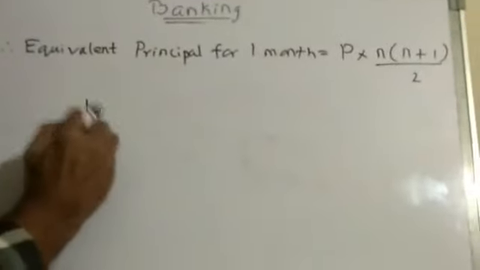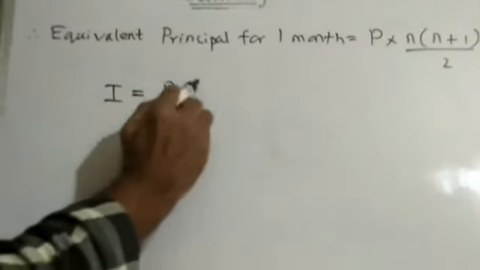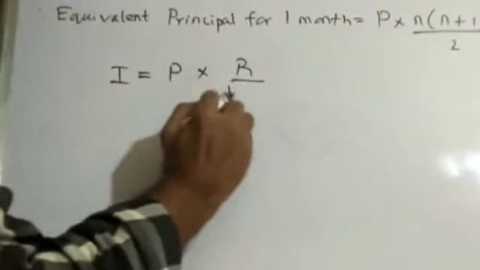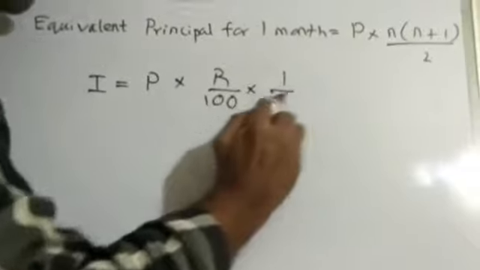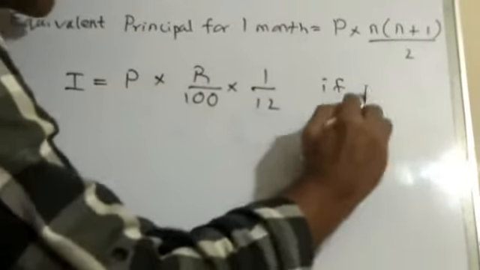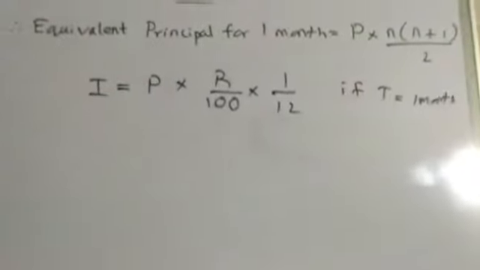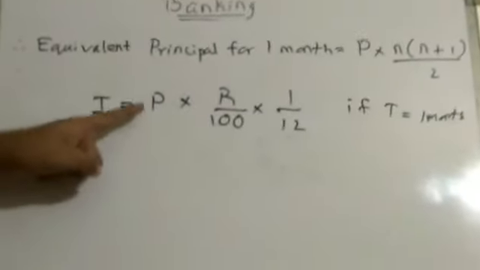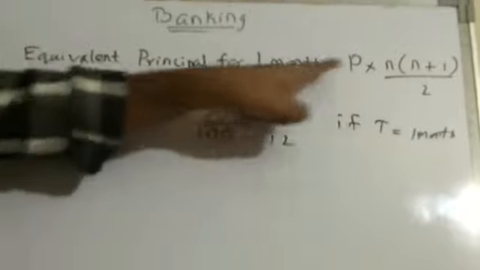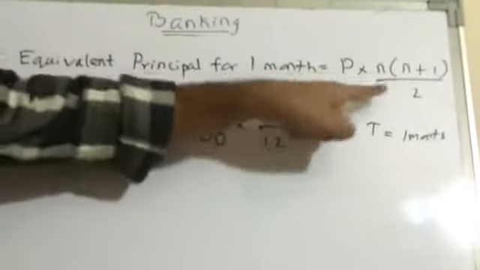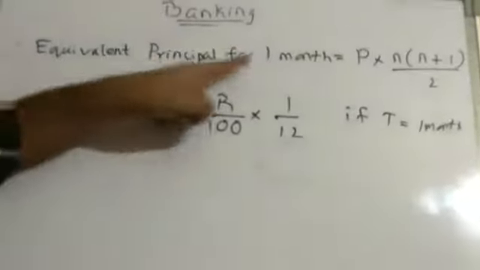Recollect, in the beginning we said I is equal to P into R upon 100 into 1 upon 12 if T was 1 month. In this case, the principal is for 1 month. What is the principal? It's not P, it is P into n plus 1 upon 2. That's the equivalent principal for 1 month.